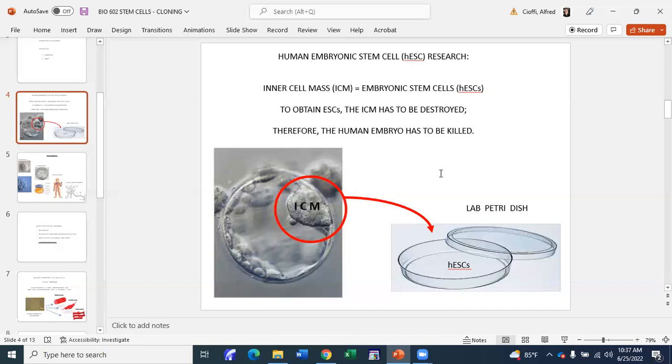The experiment was very well designed from that perspective, and let it go forward. And within days, what happened was that the embryonic stem cells did start growing, but they started growing as a mass, all right?